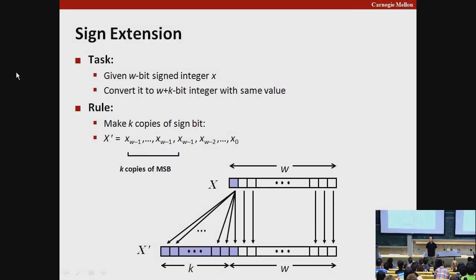If I have a bit pattern all 1s, for example, does it matter if I have 2 1s or 3 1s or 4 1s or 5 1s or 10 1s? No. What is that value? -1, right?